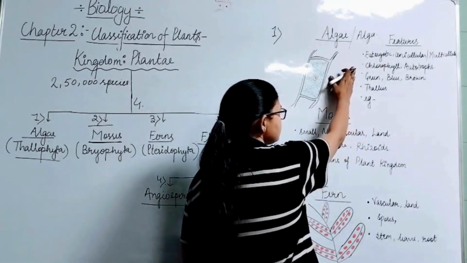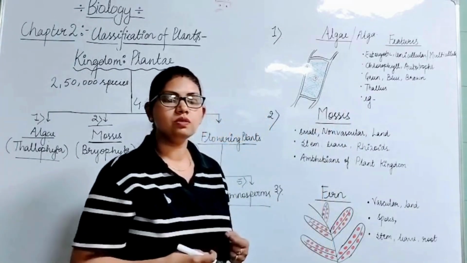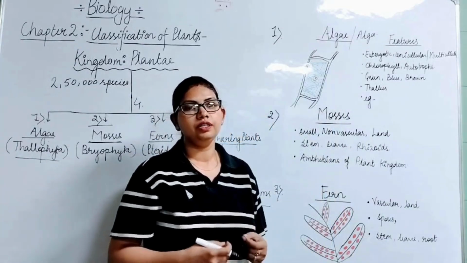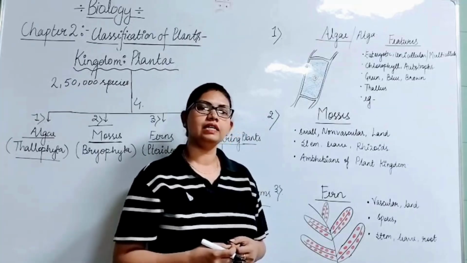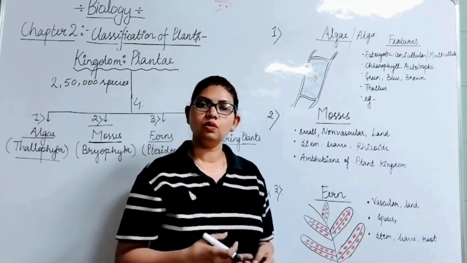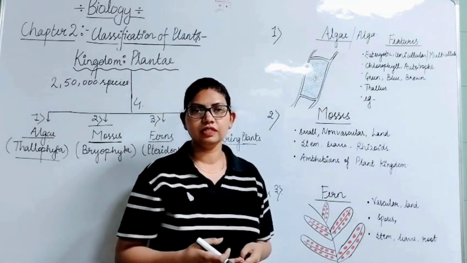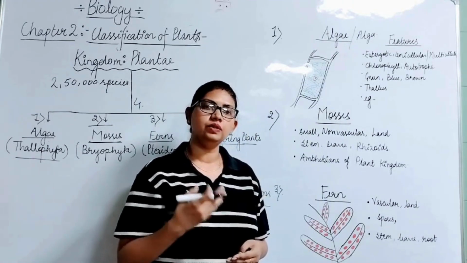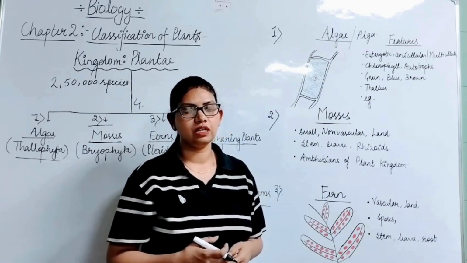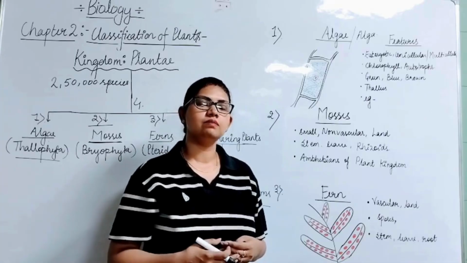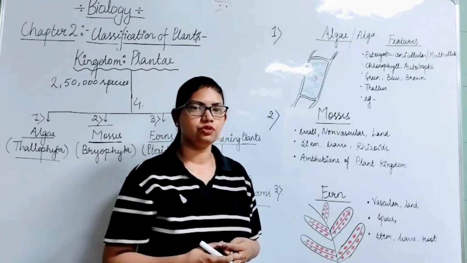next feature is it also has chlorophyll, and due to the presence of chlorophyll, algae basically prepare their own food by photosynthesis. That's why the nutrition is autotrophic in nature, or we can say the algae come under the category of autotrophs.